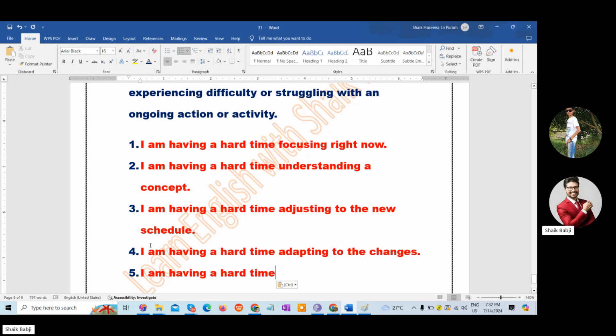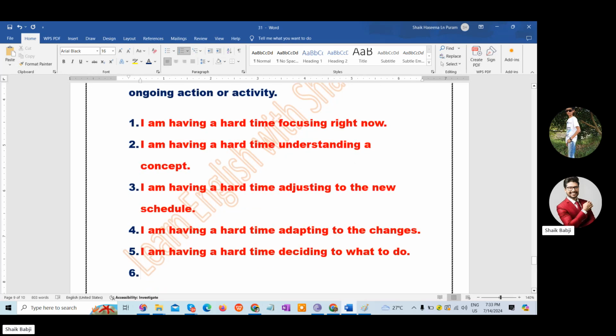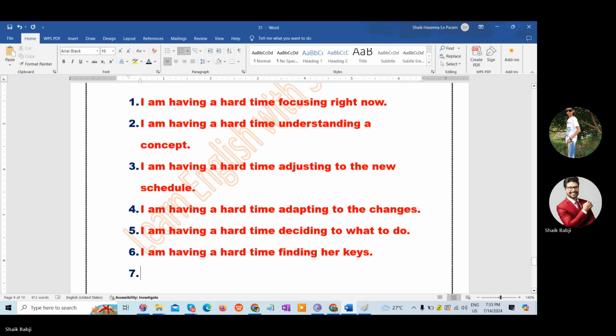I am having a hard time deciding what to do. And next one, I am having a hard time finding her keys. I am having a hard time believing you.